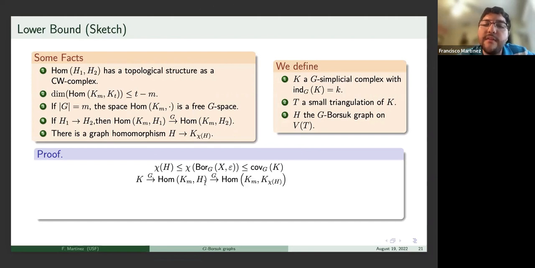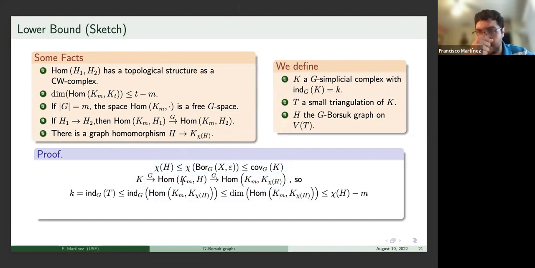Then we have a G-map between Hom(Km, Km) and Hom(Km, H), where m is the size of G and the chromatic number of H is the size of the complete graph. And we have to build an equivariant map from this space K into this Hom-complex space.